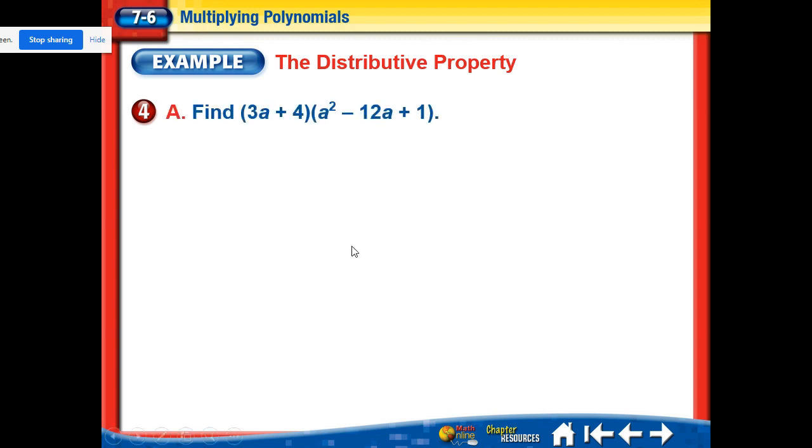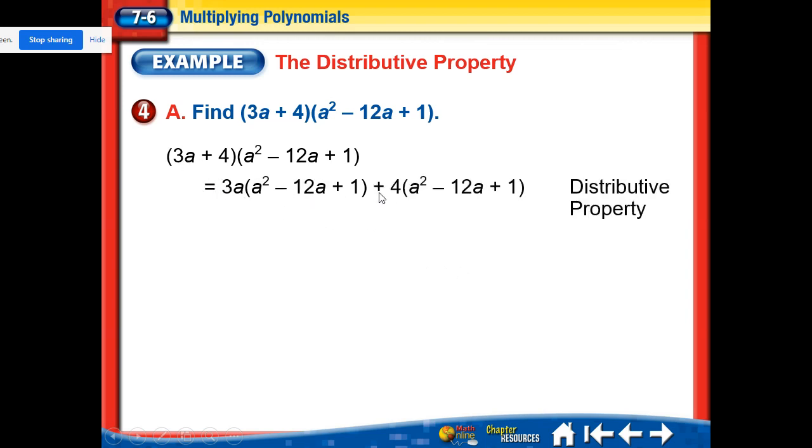Now what happens when we have more than just binomials? We have a binomial times a trinomial. So we can still do this distributing part. We can take that 3a times everything, and then the 4 times everything. If there was another term, you would have to do one more set. You just distribute by however many there are.